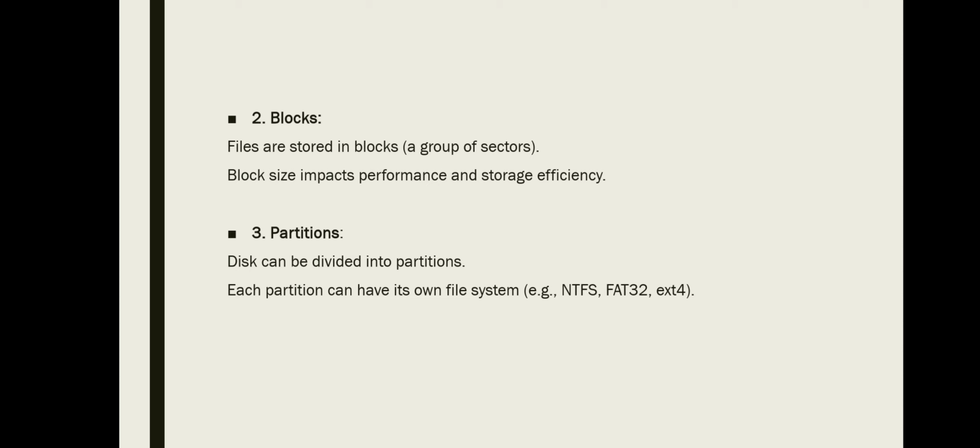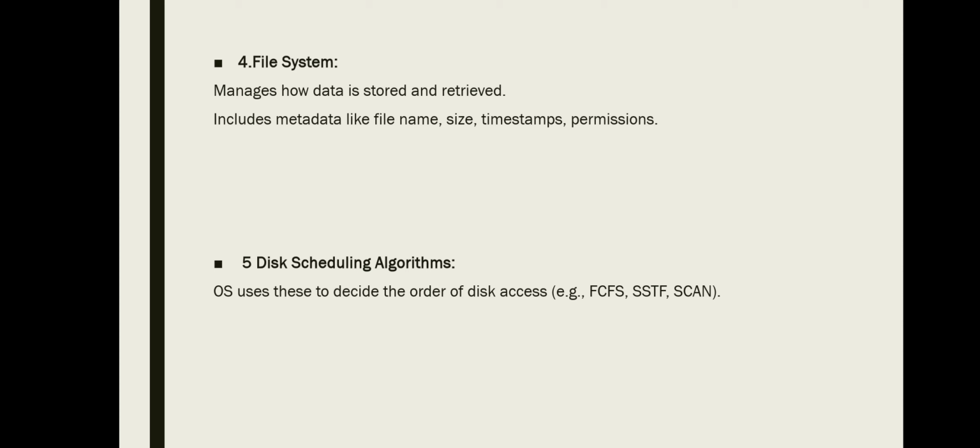The next one is the partition. What is a partition in disk storage? A disk can be divided into partitions, each with its own file system. Each partition has its own file system, and it improves the performance of the OS. The next one is the file system. What is a file system?